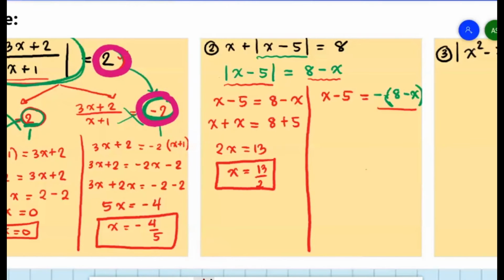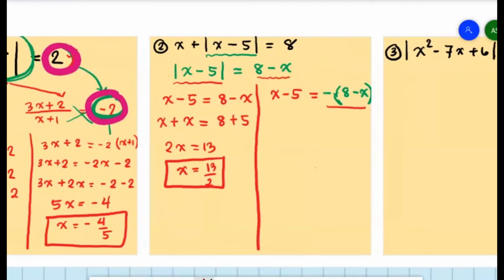So for the second case, that will be x minus 5 is equal to -8 plus x, because we distributed your negative sign. In other words, when we combine the like terms, so this is x minus x is equal to -8 plus 5.